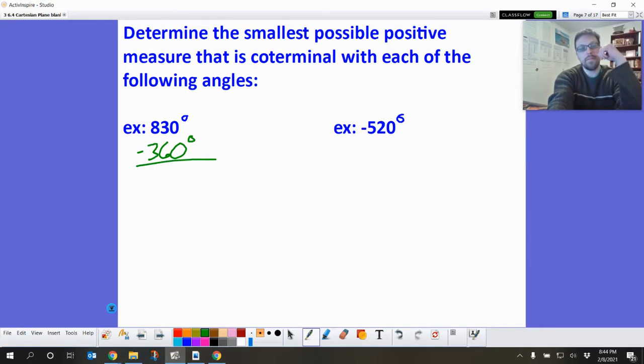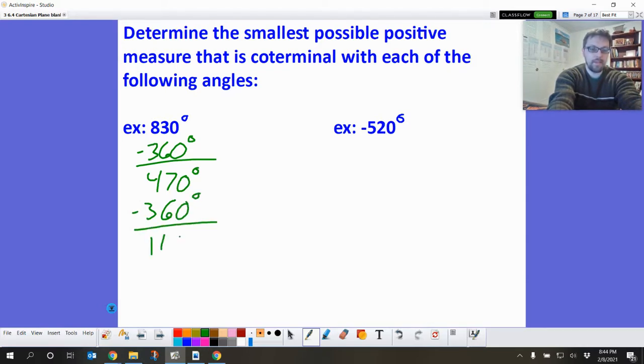So 830 minus 360, that's 530 minus another 60. So that's 470 degrees. That's still bigger than 360, so let's do that again. And that gets 110 degrees. So that is a coterminal angle, 110 degrees, that is coterminal with 830 degrees.